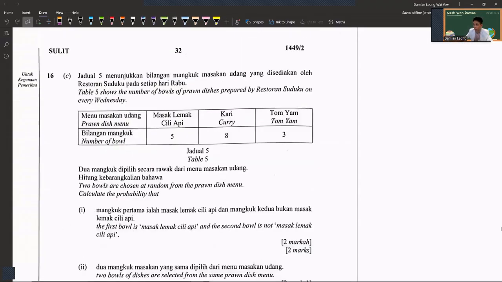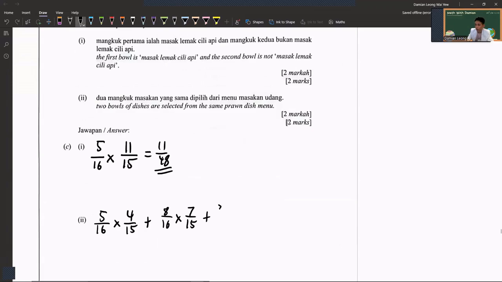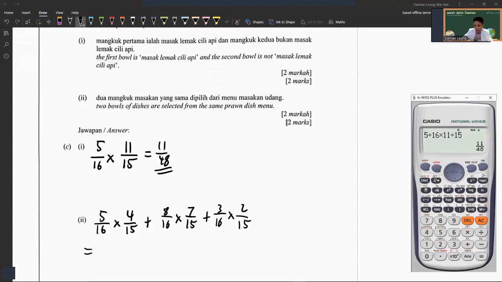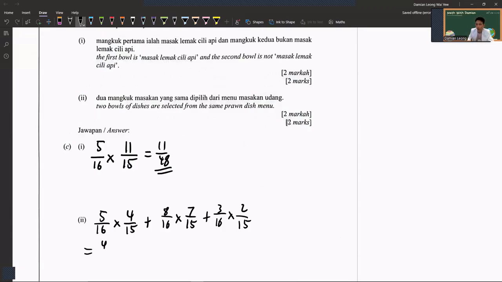Or both are tom yum, 3 out of 16 times 2 out of 15. We calculate 5 over 16 times 4 over 15 plus 8 over 16 times 7 over 15 plus 3 over 16 times 2 over 15. We get 41 over 120. That's part C.